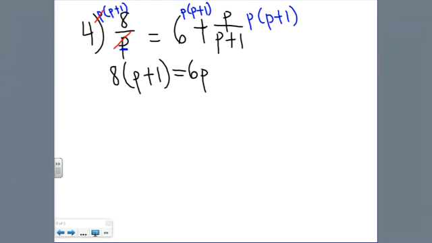So we'll have 6p times, in parentheses, p plus 1. And for the last part, the p plus 1's cancel, leaving us with p times p, or just p squared.